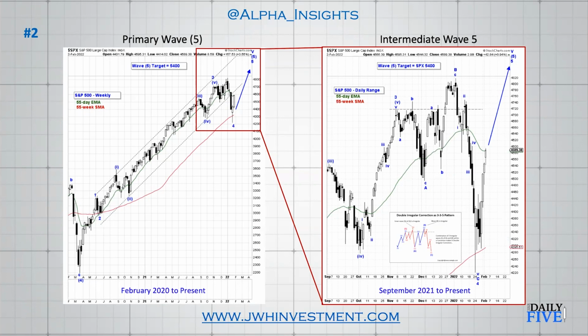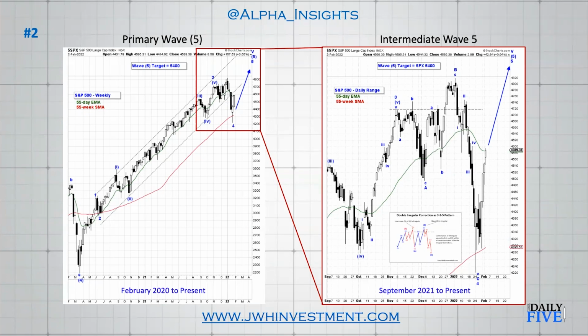And the way we see the market is that the pullback off of the highs established on January 4th, 5th was probably part of what we'd call an irregular correction, or a double irregular flat correction for those who are very familiar with Elliott wave.